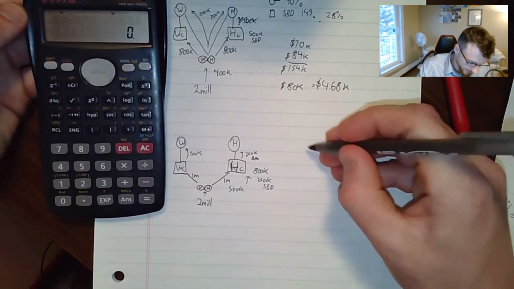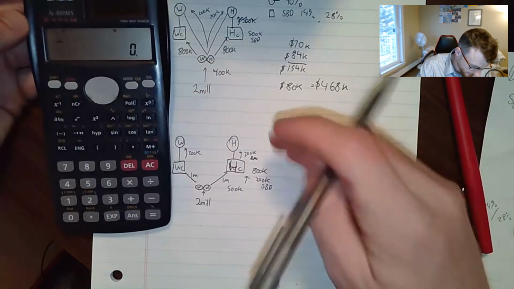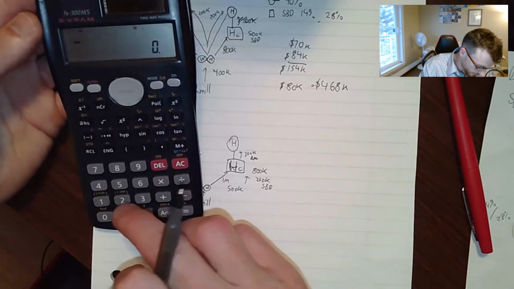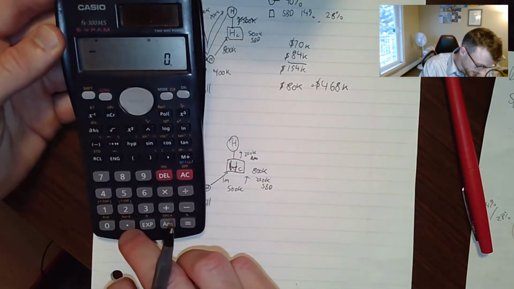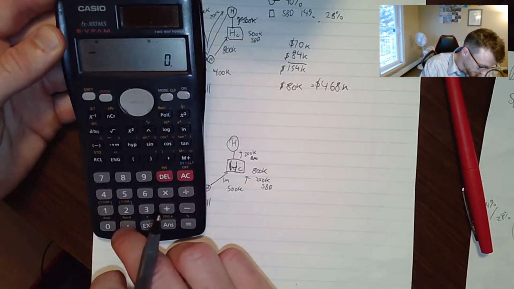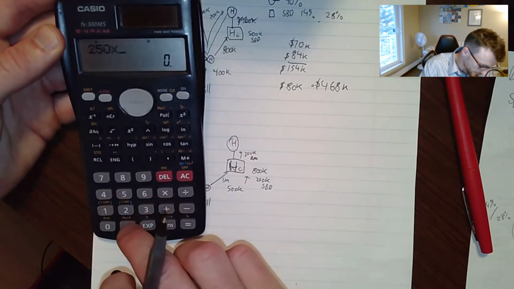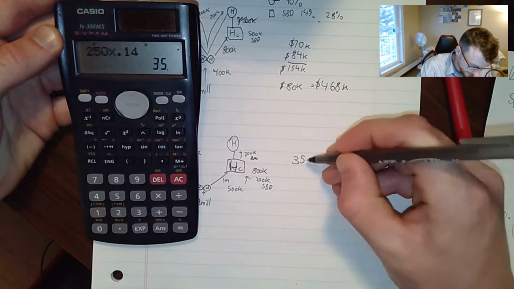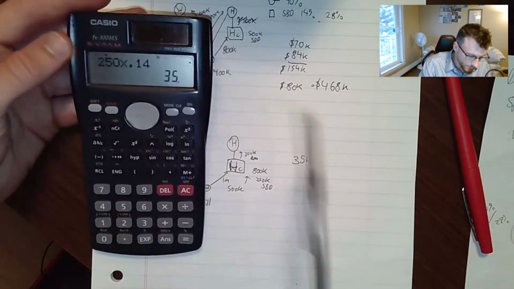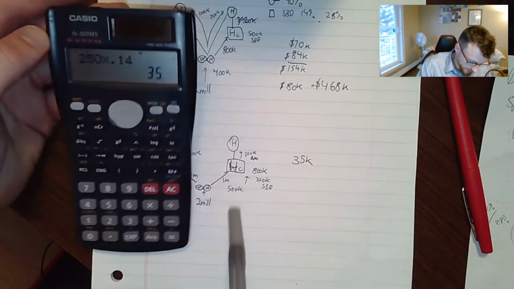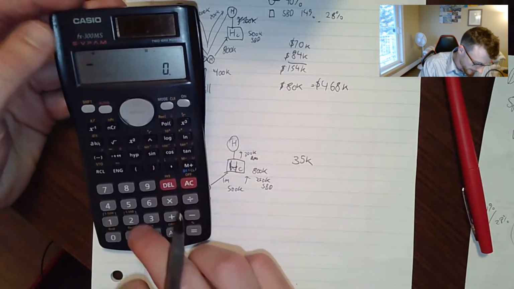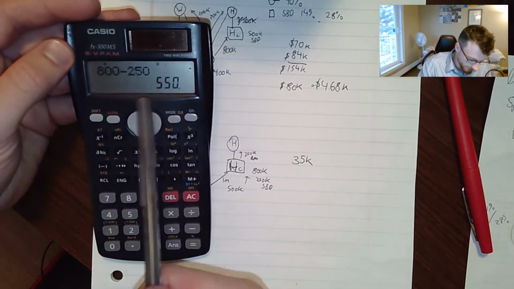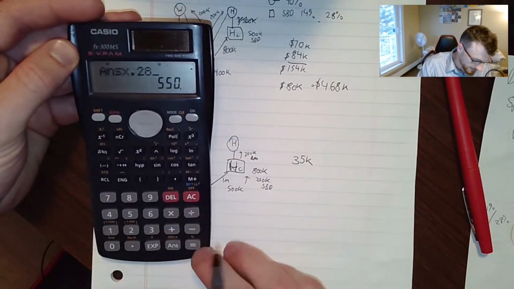Let's look at the tax scenario. So we've got right here, we're not going to have $70,000. We're going to have only $250,000 taxed at 14%. And this is just for one partnership here. The remainder, $550,000, is going to have to be taxed at this 28%.